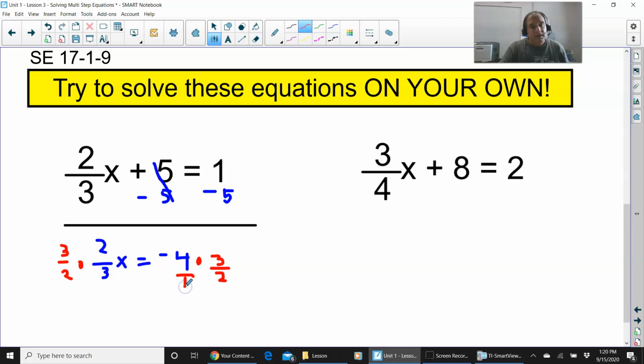You really don't need to put that 1. It's just, it is there. All right, so you have 3 cross-canceling with 3, and you have 2 cross-canceling with 2. Look at that. X is alone. Equals -4 times 3 is -12, and 2 times 1, which is 2. X equals -6. Because -12 divided by 2 is -6. Your answer is finished. You're done.